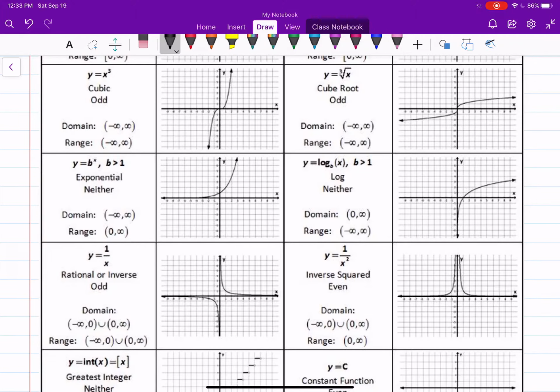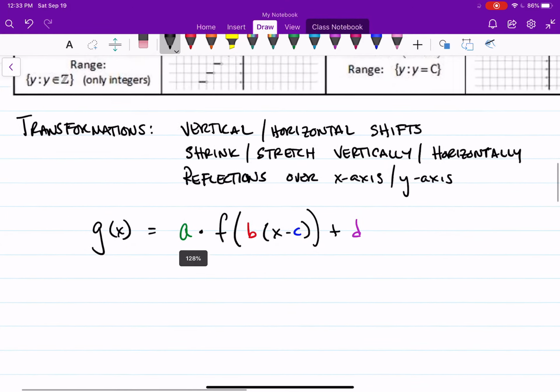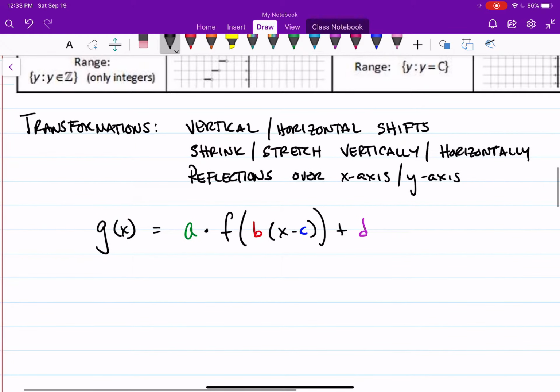So before we get into transformations, what can happen in transformation? Well, transformation could be some kind of vertical or horizontal shift, meaning shift left, shift right, shift up, shift down. Some kind of shrink or stretch. It could be vertically, up and down stretch, up and down shrink, horizontal stretch, horizontal shrink, right? And then there can be reflections over the x-axis or the y-axis.